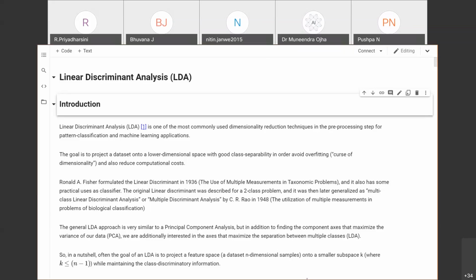When we say we have a huge dimensional space, our search space is multi-dimensional. What do we really mean by that? As I told you yesterday also, if we have a two-dimensional space, it means we have two features and we are searching in a plane. We are searching for the optimum solution in a plane.